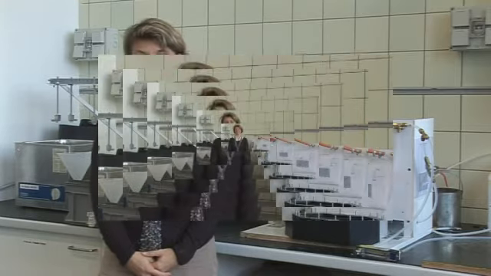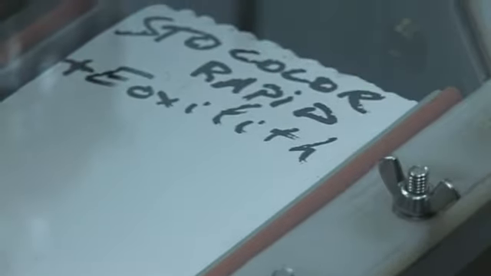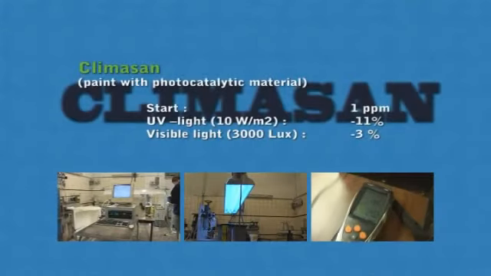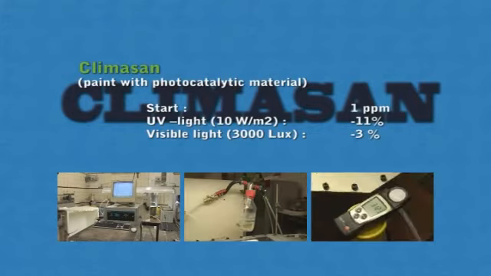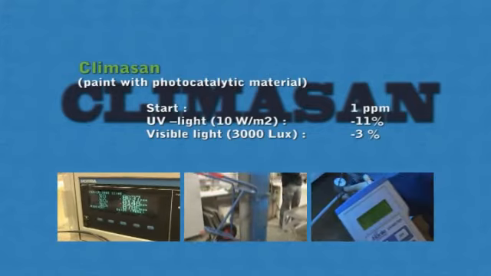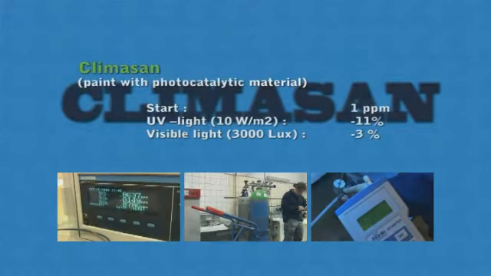A comparison between Eoxolit and a commercially available photocatalytic paint is made. So we tested the photocatalytic paint, which should be active even in visible light. We saw that there was a reduction in NO concentration of 2 to 5%. In the presence of UV light, this increases up till 10%.